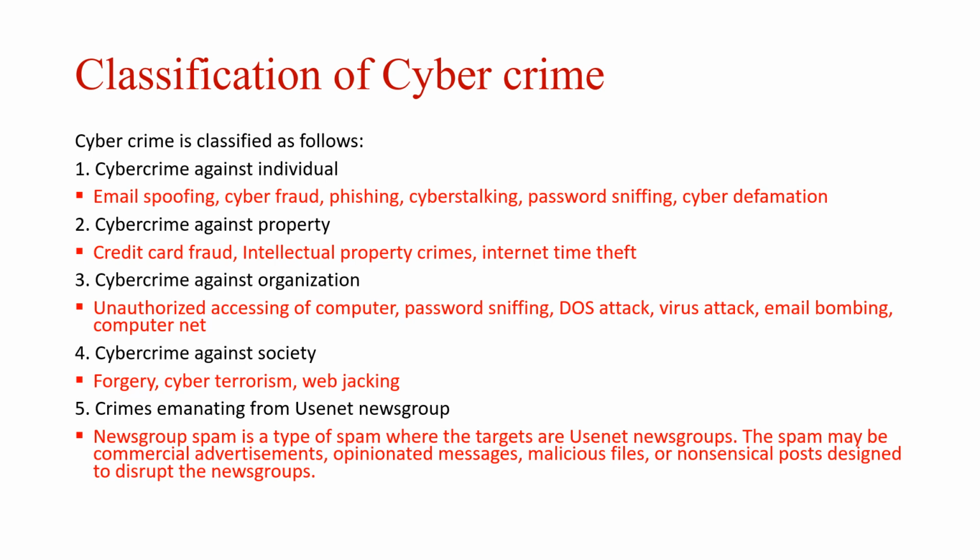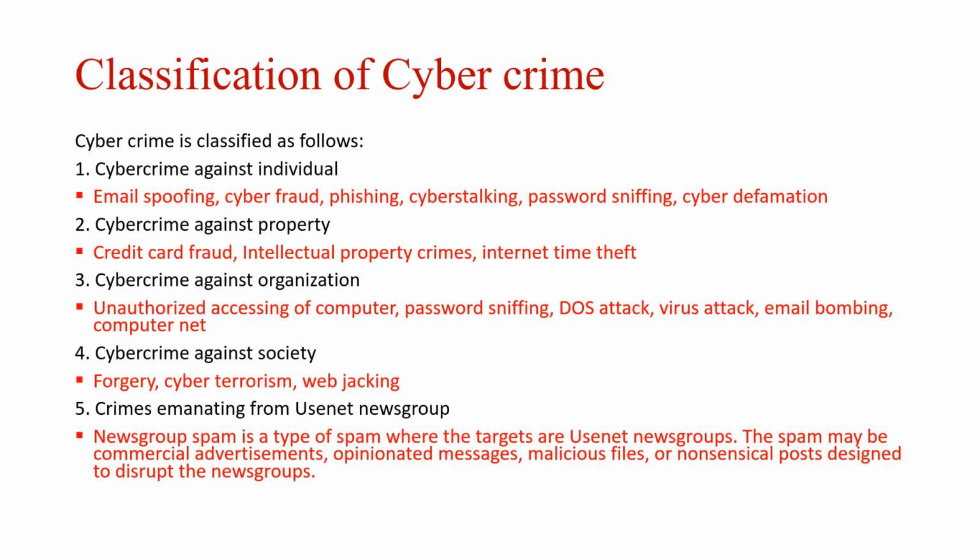Forgery, different types of forgeries are done online, and it is hampering society. And the last one is cyber crimes emanating from Usenet news groups. As we know, news groups are where different types of information and data are shared, and people access it globally.